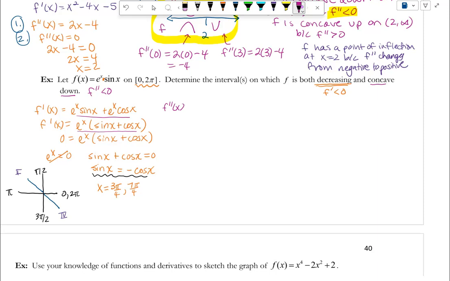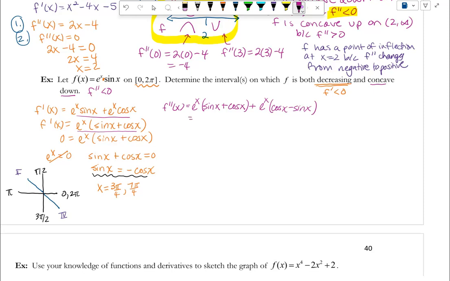I'm going to use the product rule. So the derivative of e to the x times sine of x plus cosine of x, plus the derivative of sine of x plus cosine of x times e to the x. Well, that's going to be cosine of x minus sine of x times e to the x.